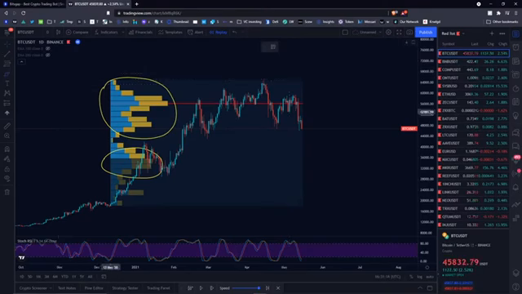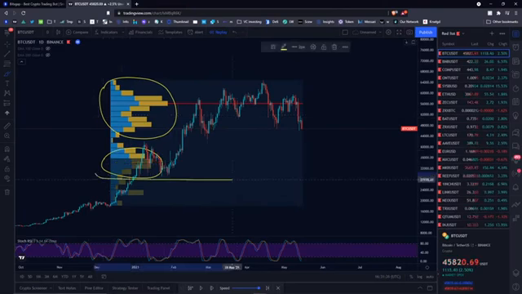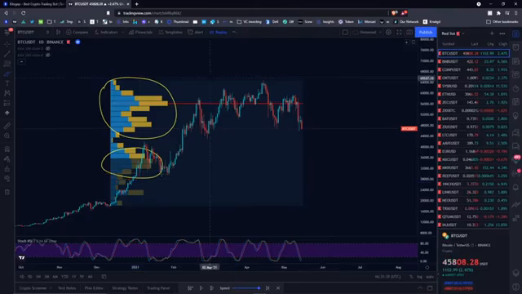So I asked myself what would be the next stop, and I look at the volume profile and see that the next price level at which I had the highest volume was here, at approximately 34,000. And I can even see the support structure formation over here, exactly where I had my volume.